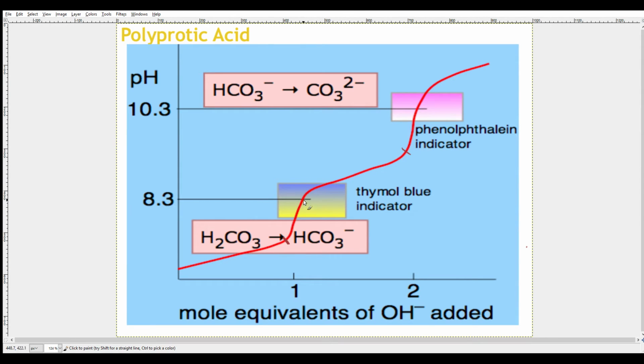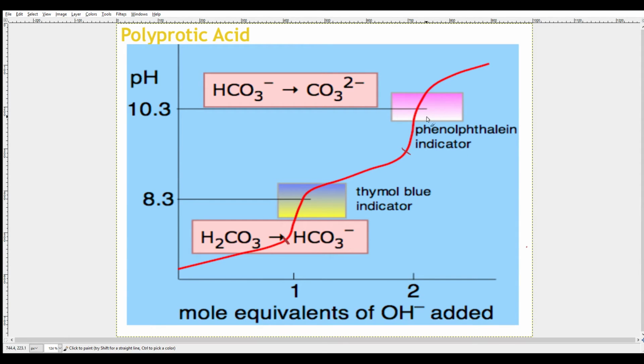And these little boxes right on here, the colorful, pretty ones, they show you how indicators can help you see where different things happen. If we had used thymol blue indicator in our solution, it would be indicated to us when the pH reaches this range. We could see, oh, at about 8.3, it's going to change from yellow to blue.